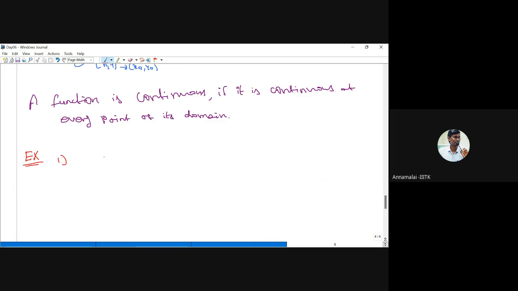Suppose f is defined from R2 to R, defined by f of x comma y equal to 2xy by x square plus y square, if the point x comma y is non-zero, that is, not equal to 0 comma 0.